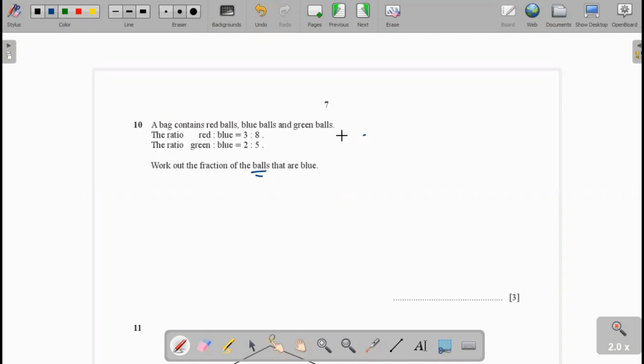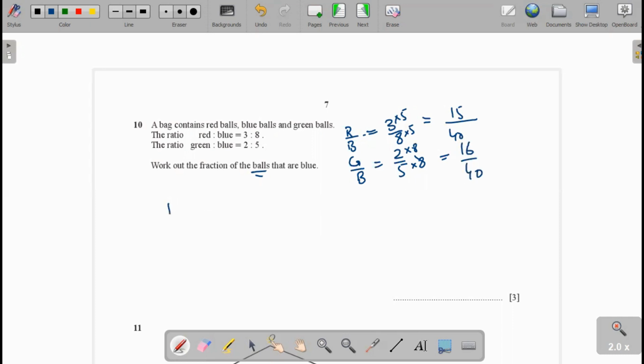Now we see that the ratio of red to blue is given as 3 over 8, and green to blue we write as 2 over 5. We make the same value of blue balls in both ratios. We can do it by multiplying this fraction by 5 and this fraction by 8, and we get the same denominator, 40. The numerators become 15 and 16 over 40.